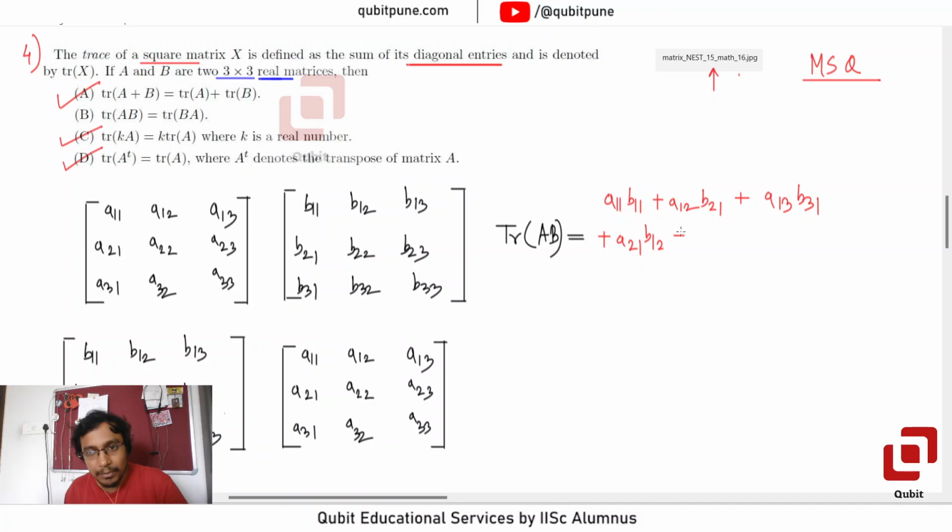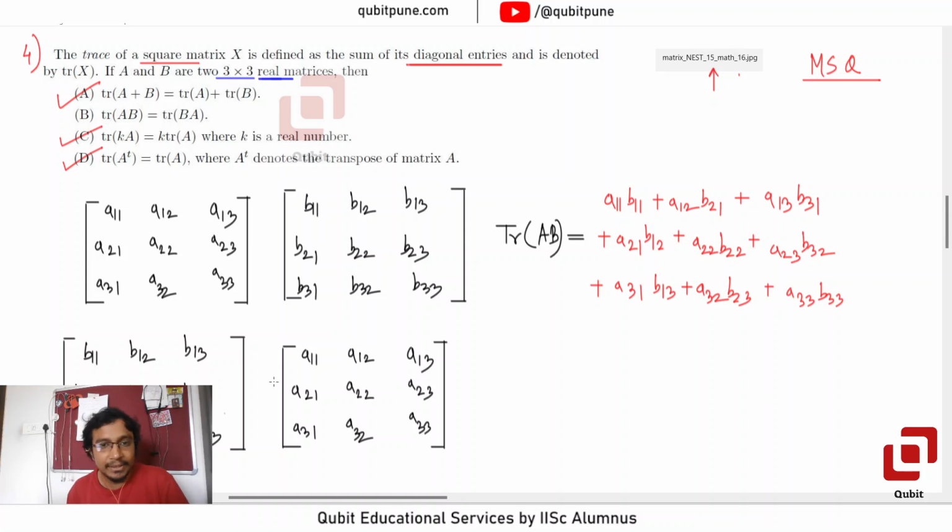A21 B12 plus A22 B22 plus A23 B32 plus. Now this is the central element of the product. Okay, now we need to go to third row, third column. A31 B13 plus A32 B23 and A33 B33.